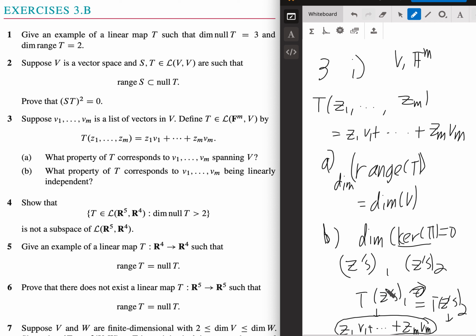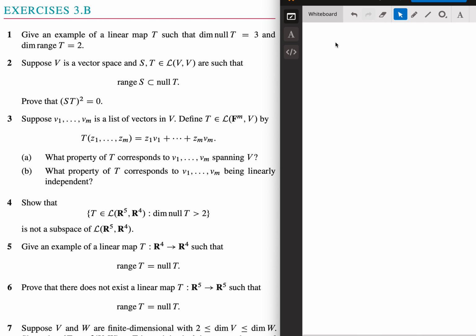But the tricky part might be thinking about how the coefficients of the v's on the left-hand side are not equal to the coefficients on the right-hand side. So when you do this subtraction, you get at least one non-zero coefficient there. So that gives a non-trivial linear combination, which results in the vectors not being linearly independent.